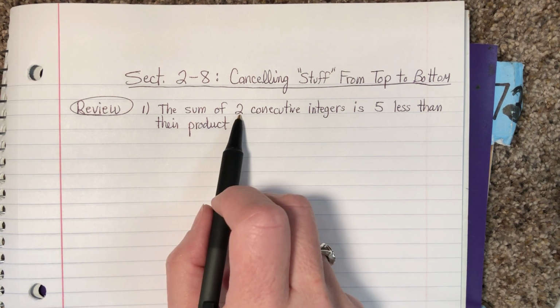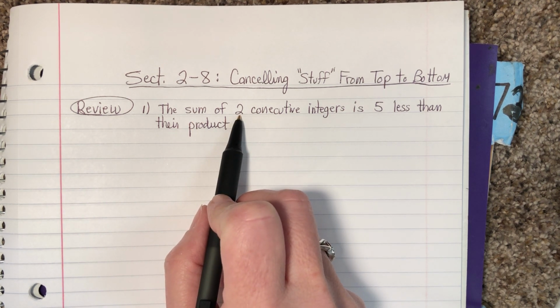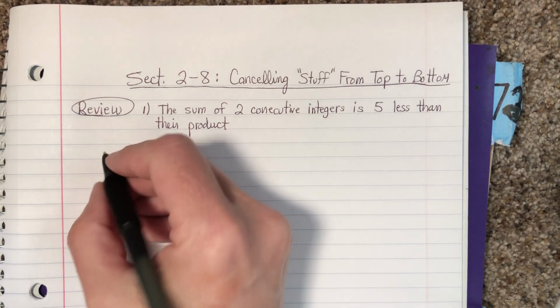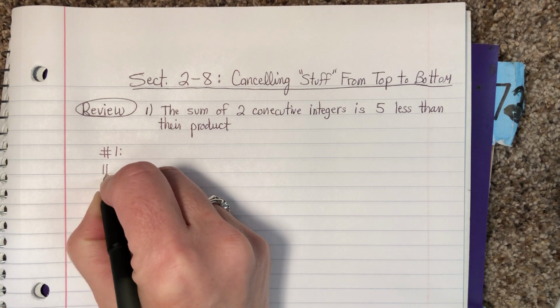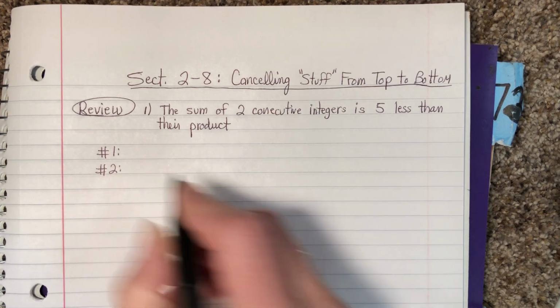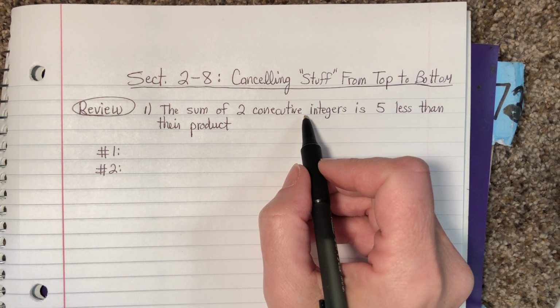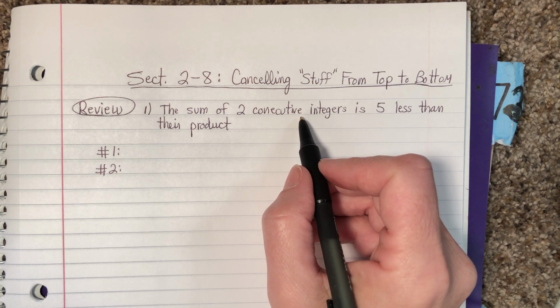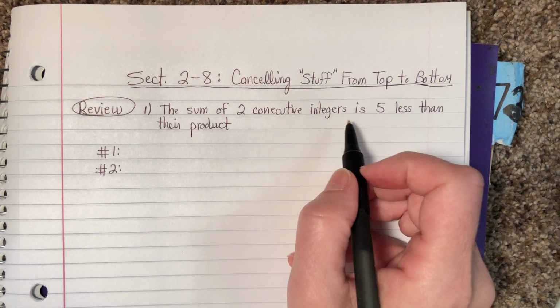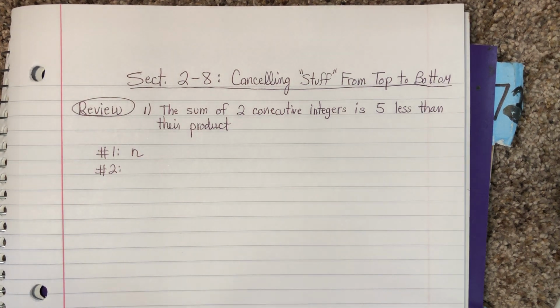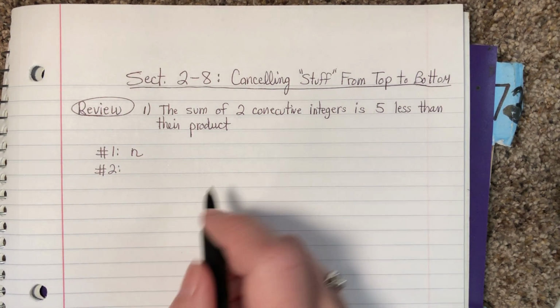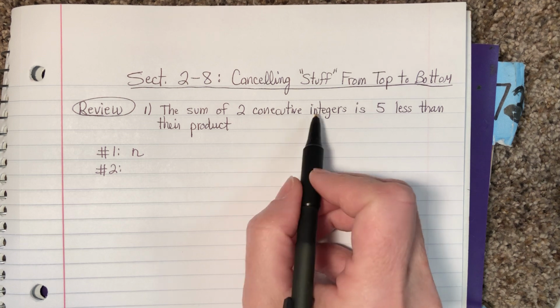It says the sum of two consecutive integers, so there's two of them. And remember, an integer would be like -5, -4, -3, -2, -1, 1, 2, 3, 4. So the first one is always n, or if you want to use x or some other letter, that's fine. It says they're consecutive.